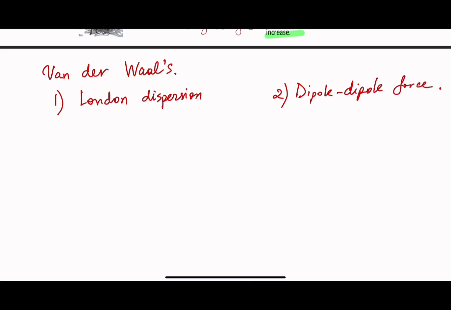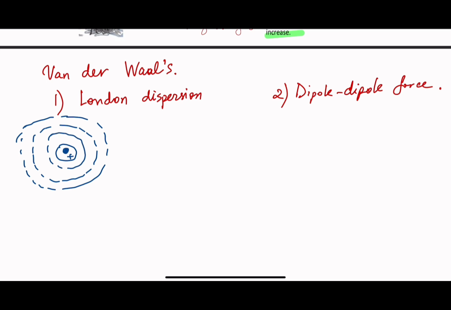London dispersion is, let's say you have an atom where you have the nucleus, which is positively charged. Let's say this is your nucleus, and then I have electron clouds around it.